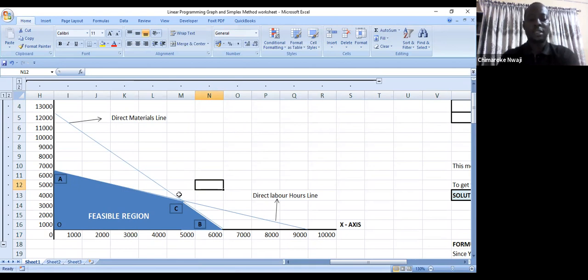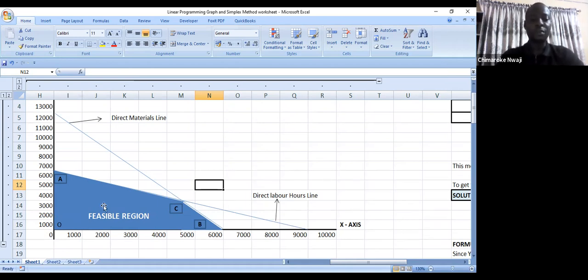Then this line here is also nearest to the origin. So you see these places here, this place I'm dragging my hands to from here. Down here, we got a junction, you curve again. That's the boundary for the feasible region. And so you see here, this is the feasible region.